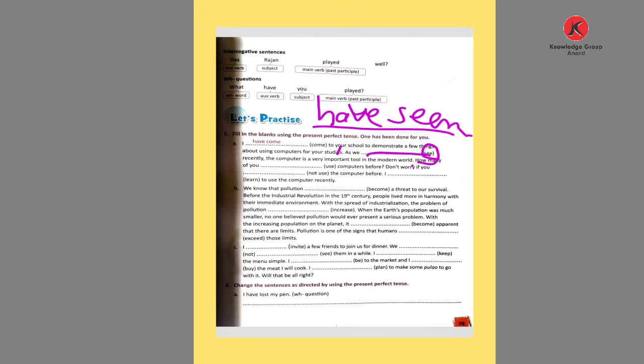Then the next, the third: You blank computers before. Here use the word use. How many of you blank computers before? What do we use here? Have plus the past participle. Have is compulsory in this tense, plus the past participle of the verb use.